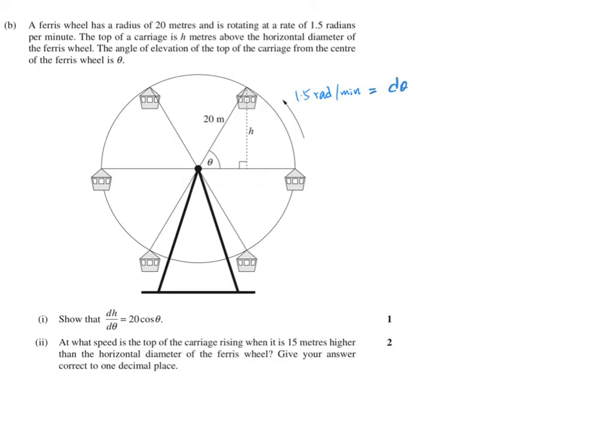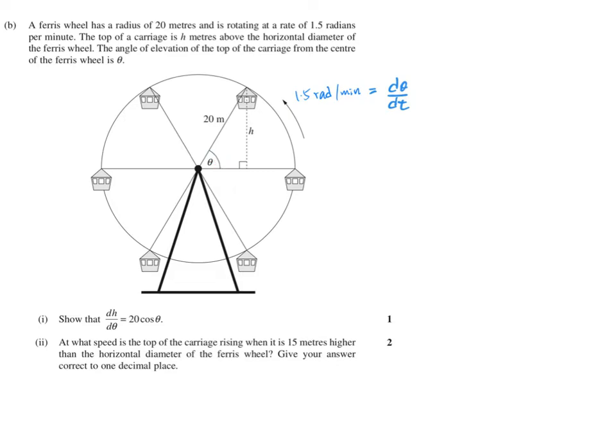It actually means the angle theta is changing at the rate of 1.5 radian per minute, and the carriage is h meters above the horizontal diameter of the Ferris wheel, and this angle is the angle of elevation of the top of the carriage from the center of the Ferris wheel.